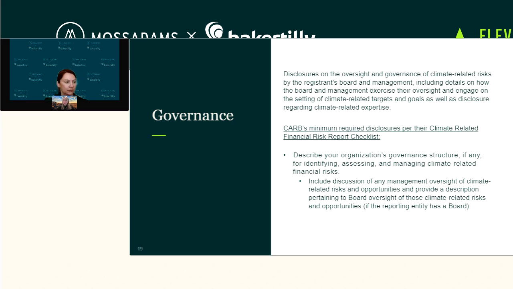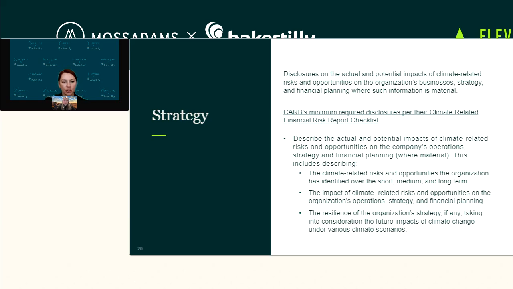All right, so moving to strategy, this second core component of the TCFD framework, which includes disclosing the actual and potential impacts of climate-related risks and opportunities on the organization's business strategy and financial planning where such information is material.